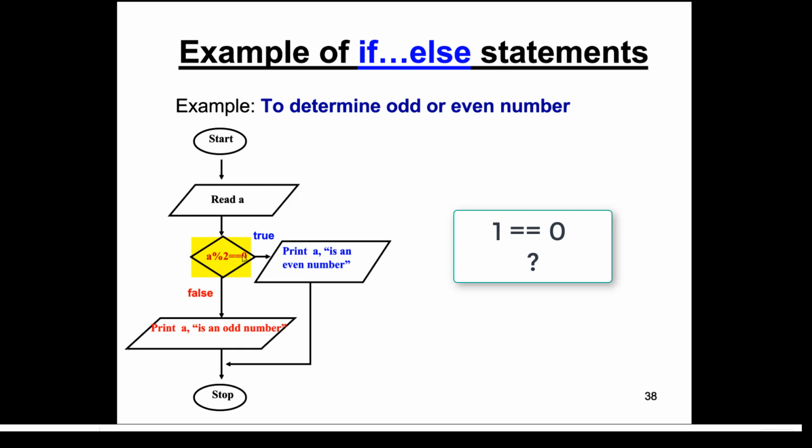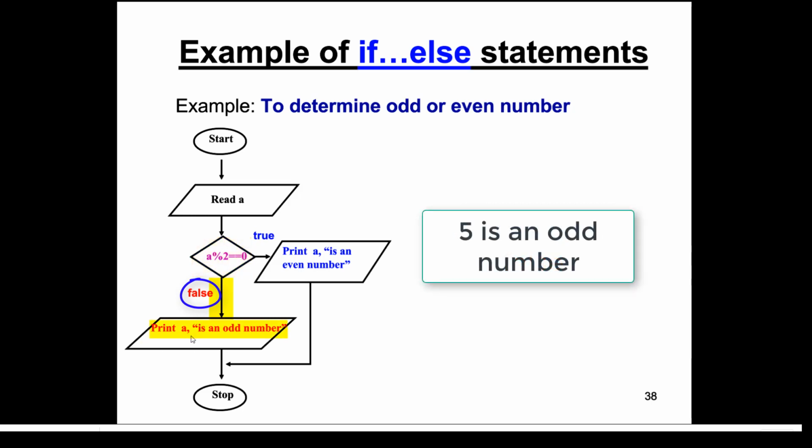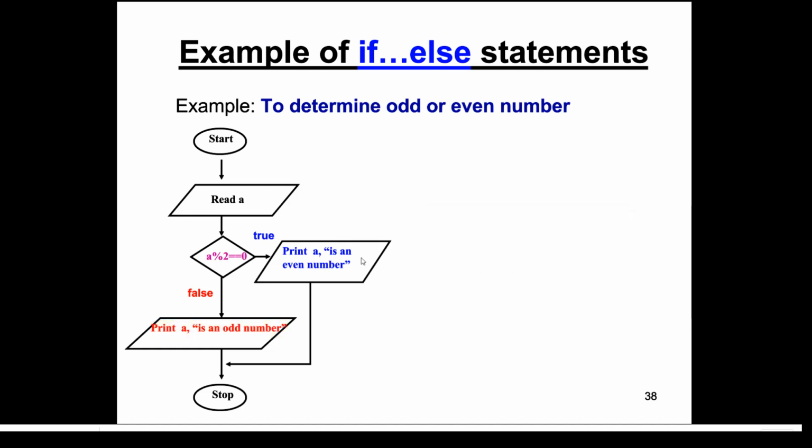Is that true or false? That is false, right? 1 is not equal to 0. So this will print out 5 is an odd number. So that is correct. If my program printed 5 is an even number, then there is something wrong with the program.